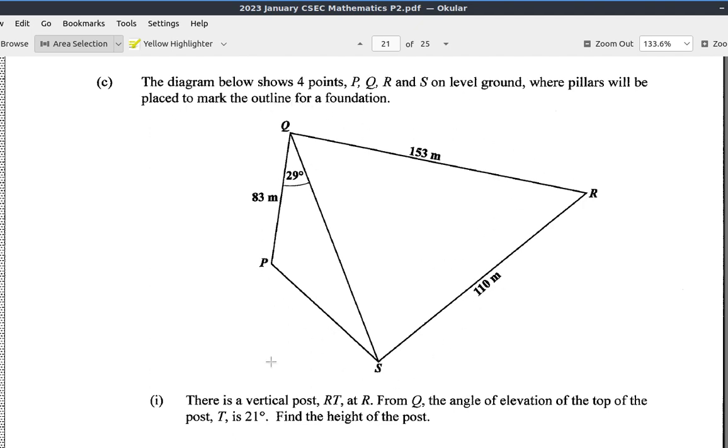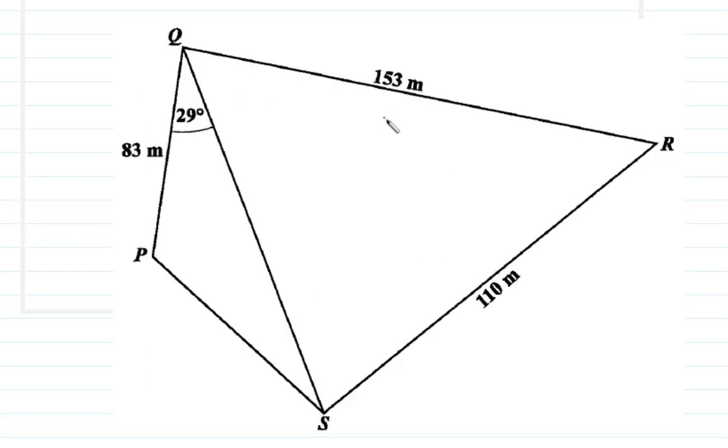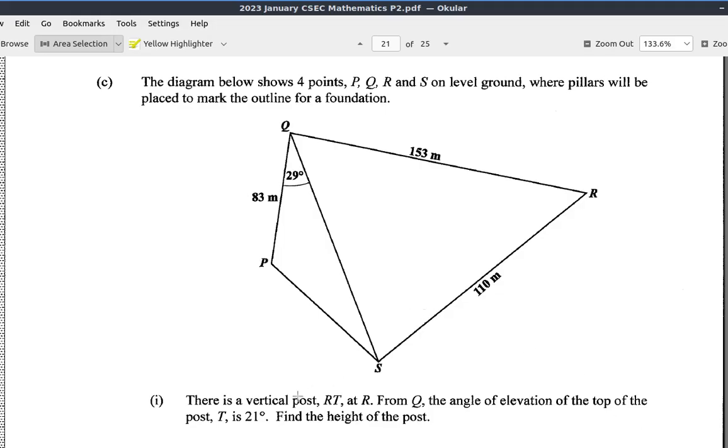There's a vertical post RT at R. Well, it's vertical, so it will be straight up. But let's put the post here. There's a vertical post at R.